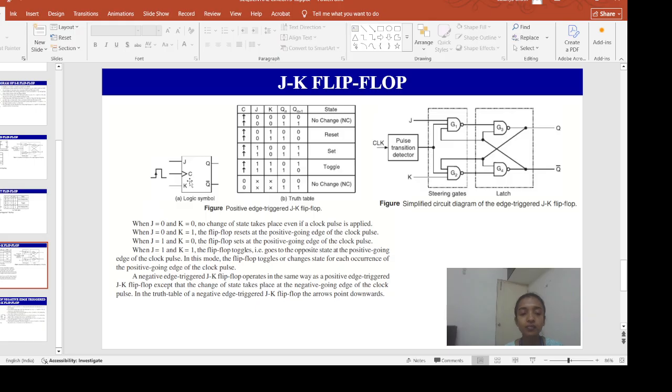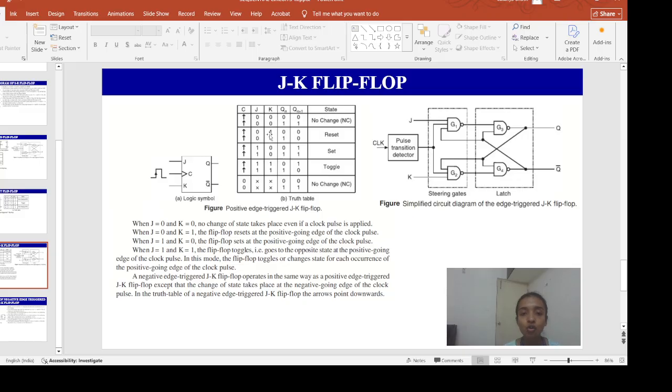If you look at the truth table of the JK flip-flop, when the clock signal is high and both J and K are 0, no change in the state takes place. Even if the clock pulse is applied, whatever the present state is, that will be your next state.